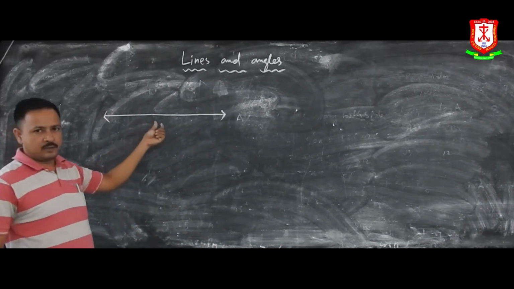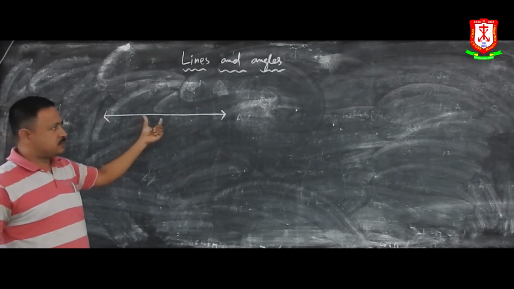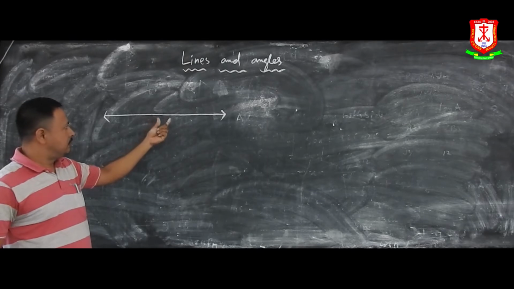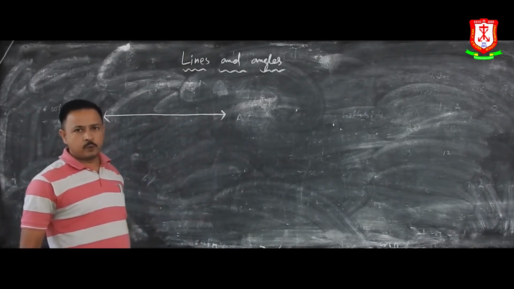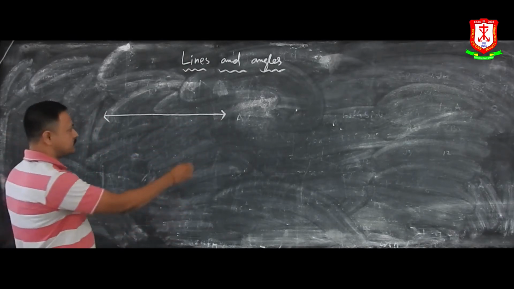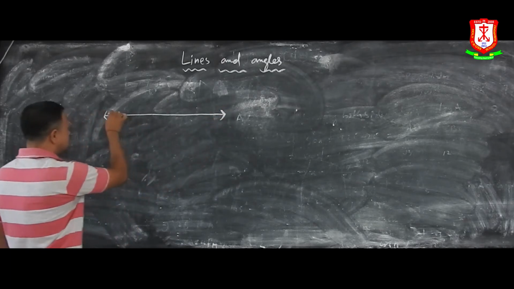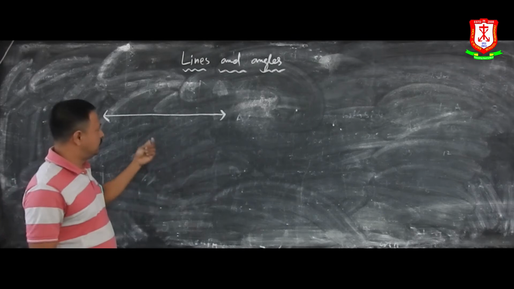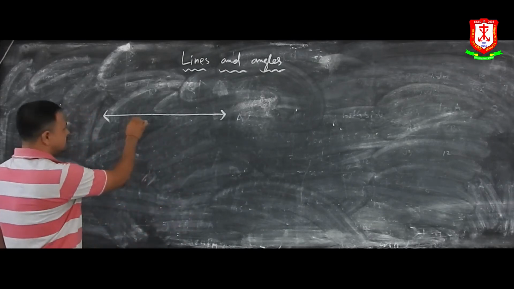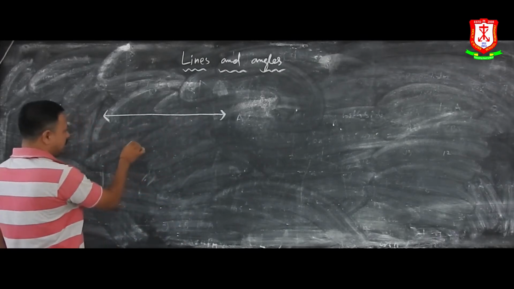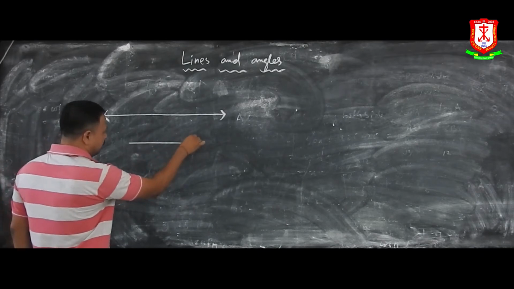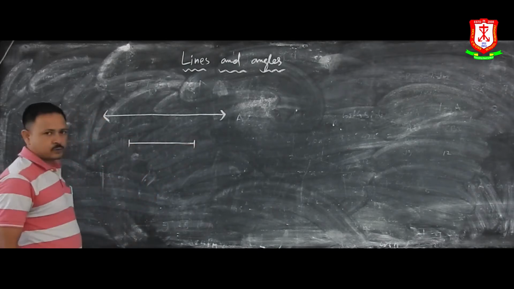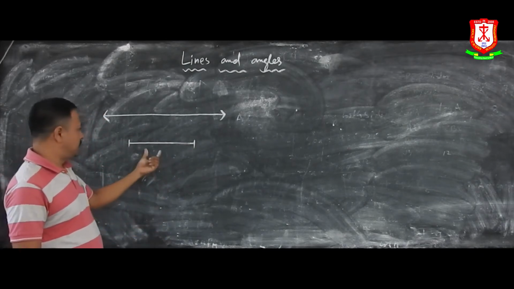this is called a line. Means a line has no end points, no starting points. In both directions you can extend unlimited. So this is called a line, and the part of a line is called a line segment.